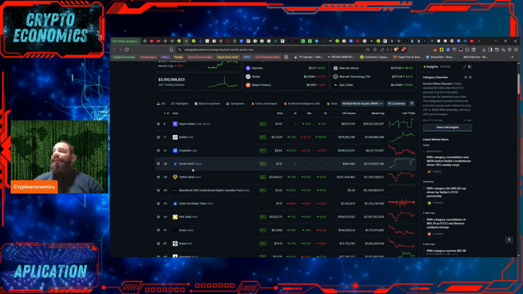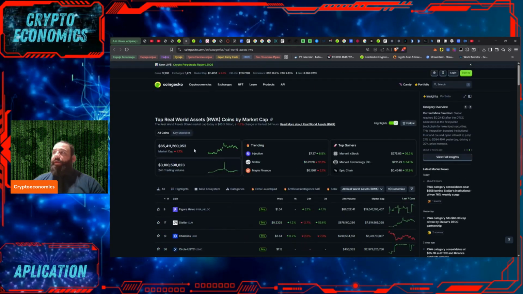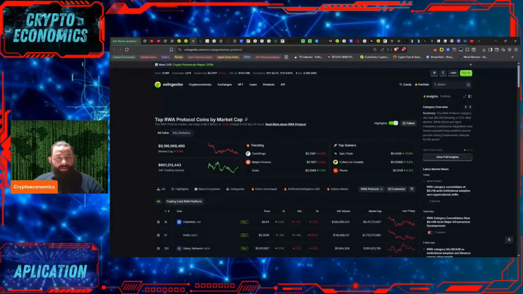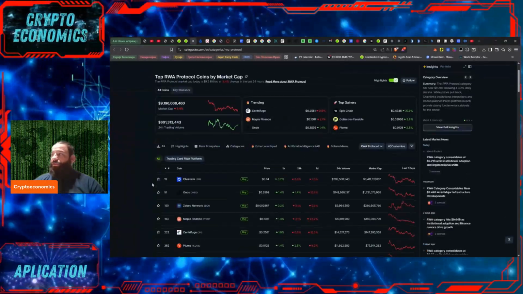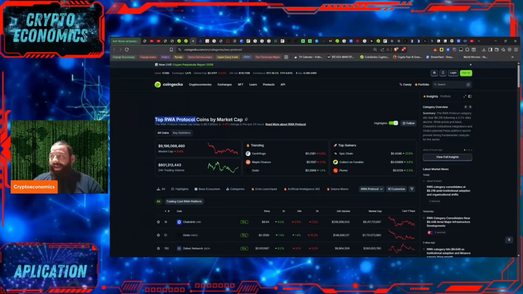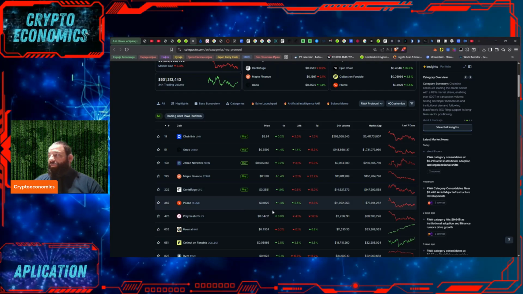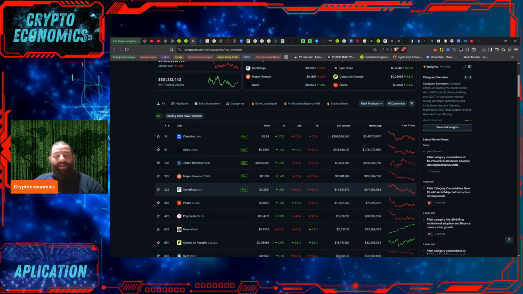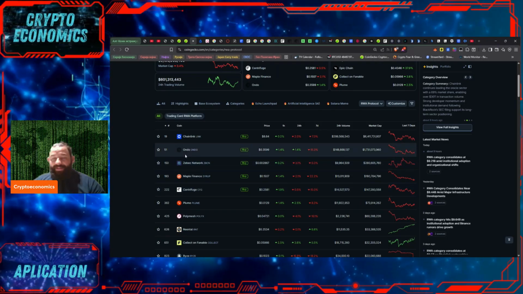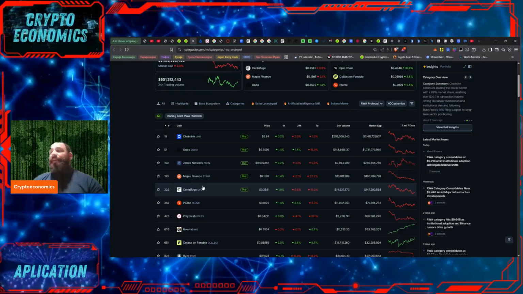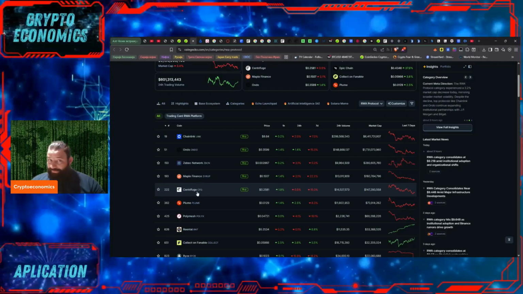The idea is that if we compare the projects that are only focused on real-world asset tokenization, which are the actual RWA protocol coins, we can see that in that particular case, Centrifuge is in 5th place of the largest coins by market cap in this category, which means it is quite high in this field.